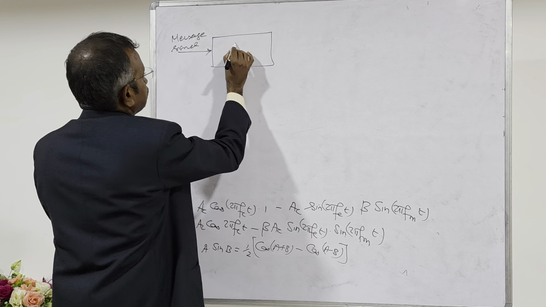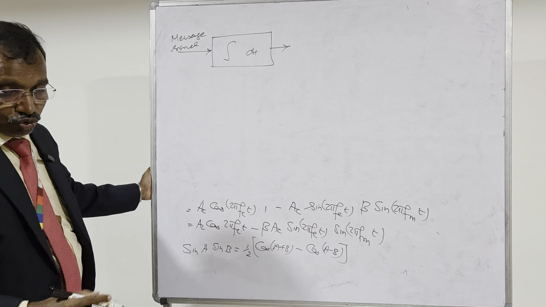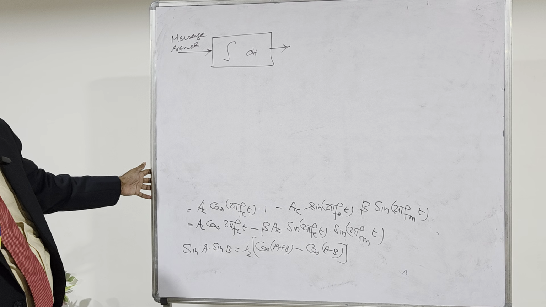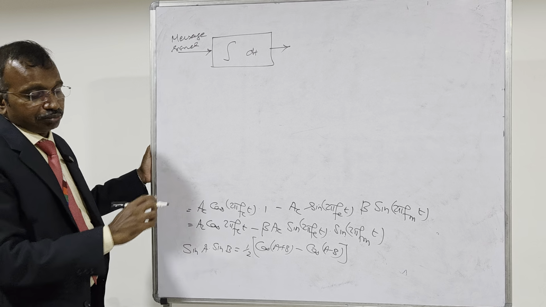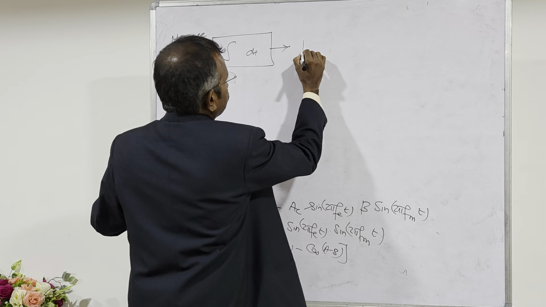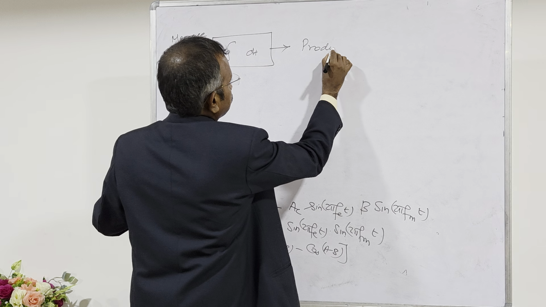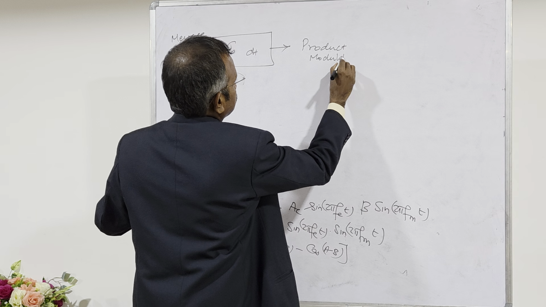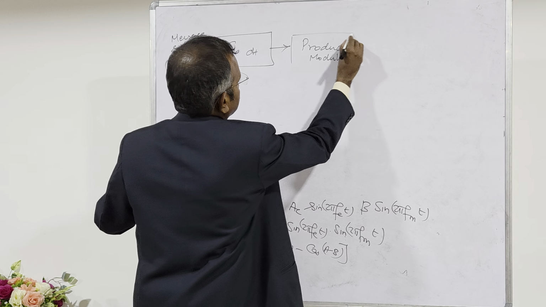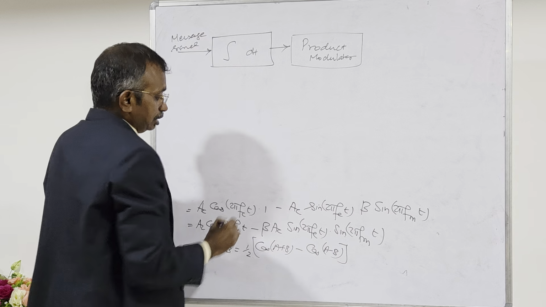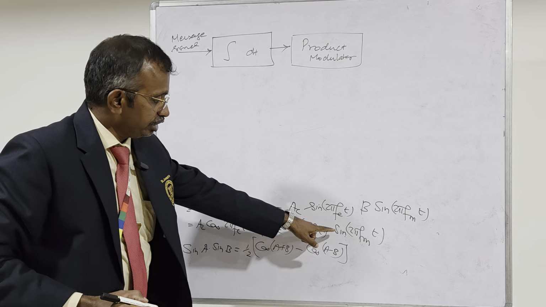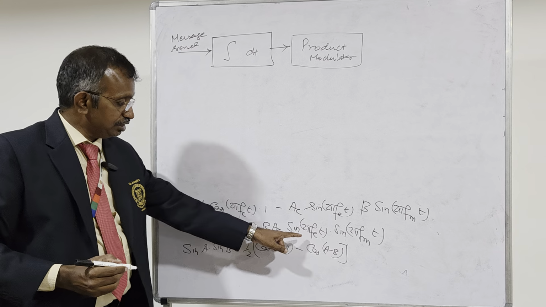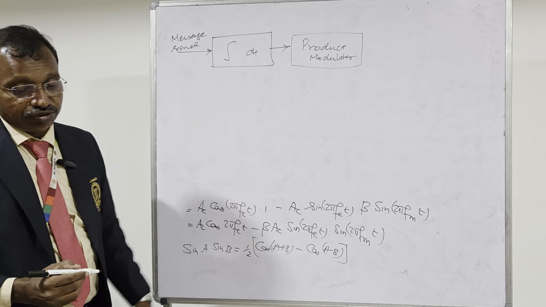Then the output is given to a product modulator. In the product modulator, I am going to multiply the integrated message signal by a 90 degrees phase shifted carrier signal.